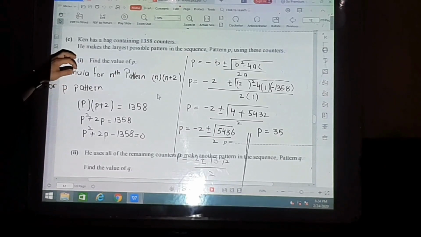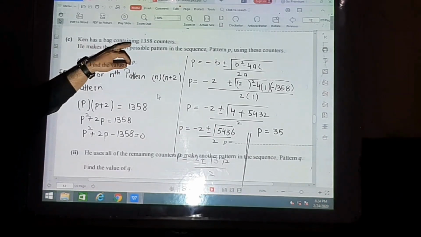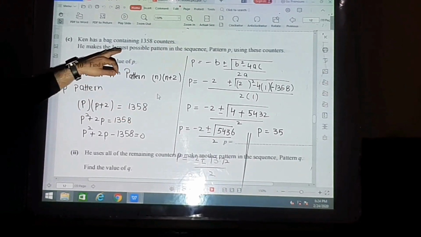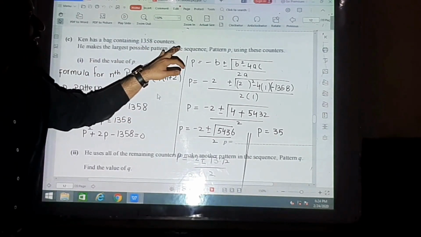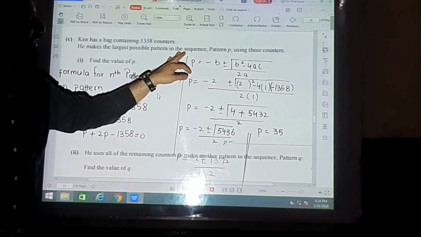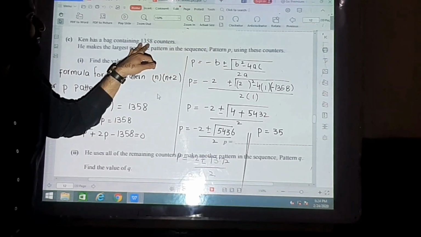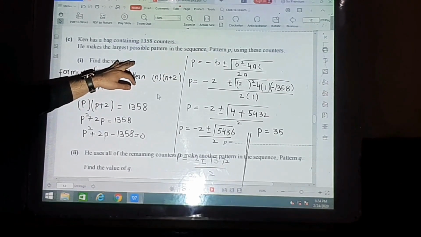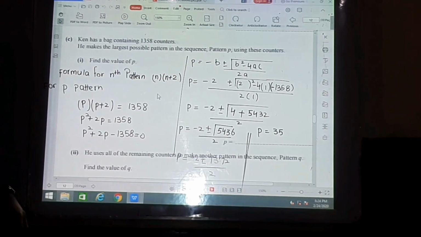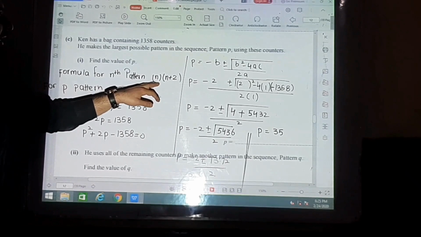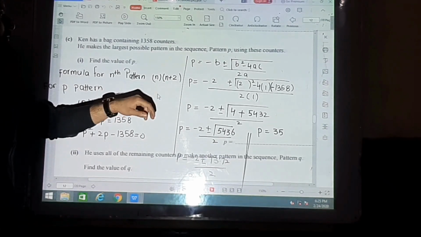Part C says Ken has a bag containing 1358 counters. He makes the largest possible pattern in the sequence, and that pattern is pattern P, using these counters. Find the value of P. Now we know that the expression for the nth pattern is n into n plus 2.